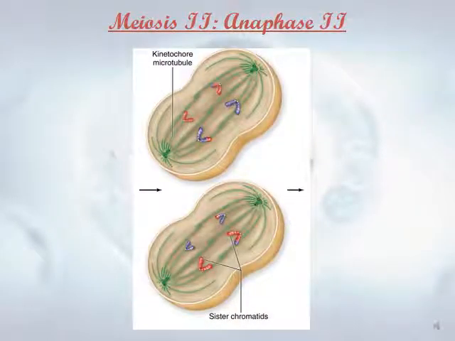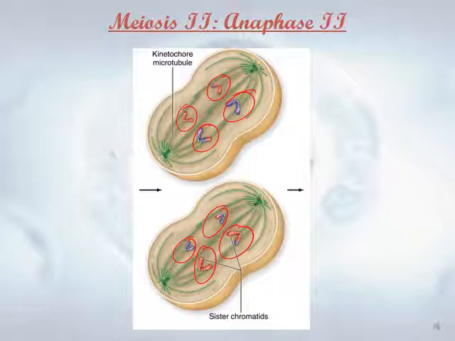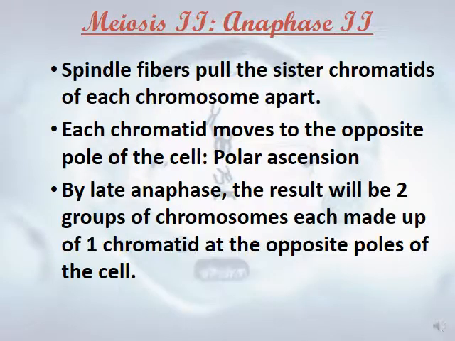In anaphase 2, as you see here, the mitotic spindle fiber will pull the sister chromatids of each chromosome to the opposite pole of the cell, forming what's known as polar ascension. The result will be, at the end, two groups, each group made up of one chromatid at the opposite pole of the cell. As you see here, till now, it's identical to mitosis.